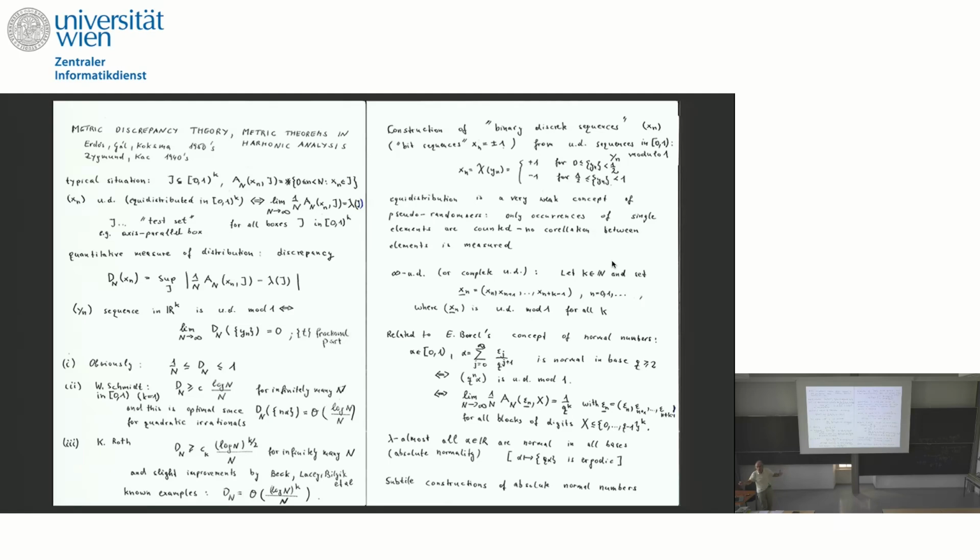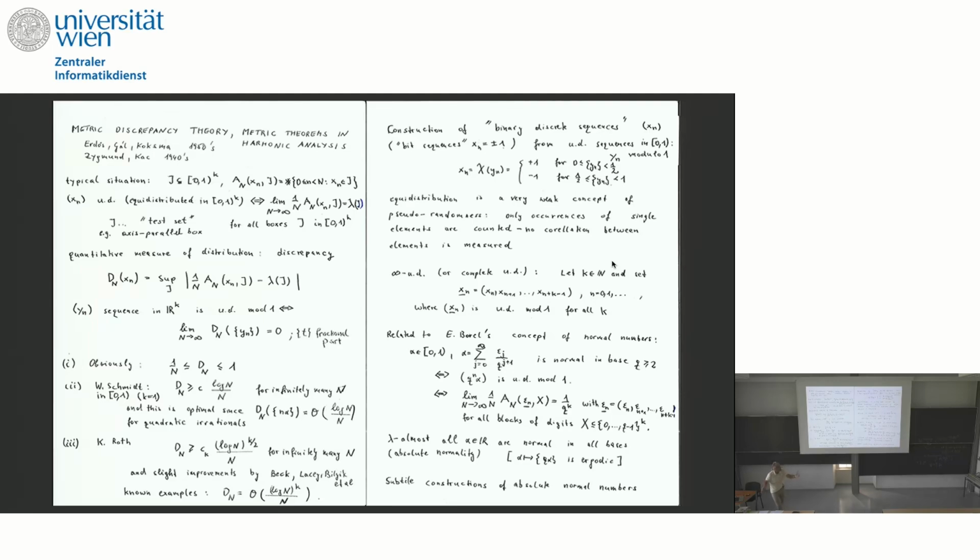Yes, so uniform distribution is a very weak concept, and so people thought to sharpen this concept. For instance, András Sárközy and Christian Mauduit introduced so-called well distribution along arithmetic progressions. So they looked at the distribution behavior at any arithmetic progression inside a given sequence.